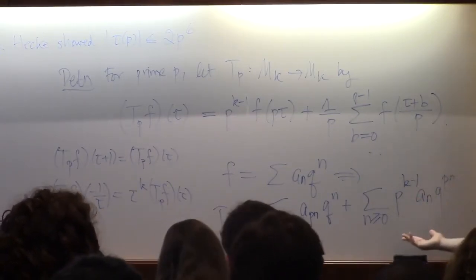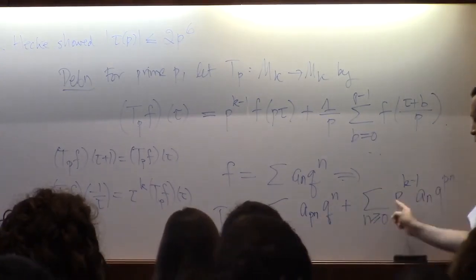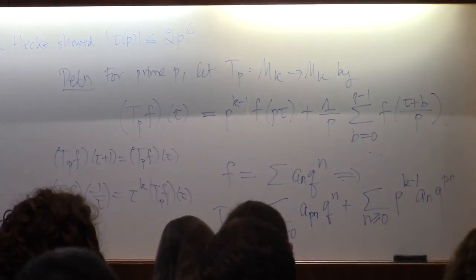So for example, the constant term is a_0 plus p to the k minus 1 a_0.